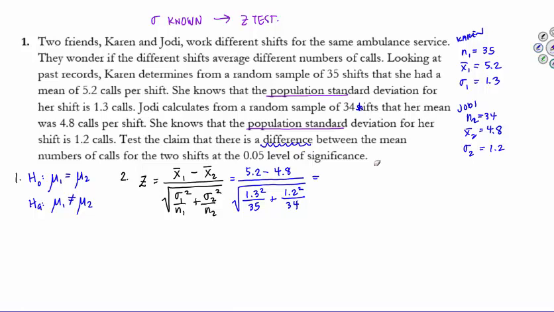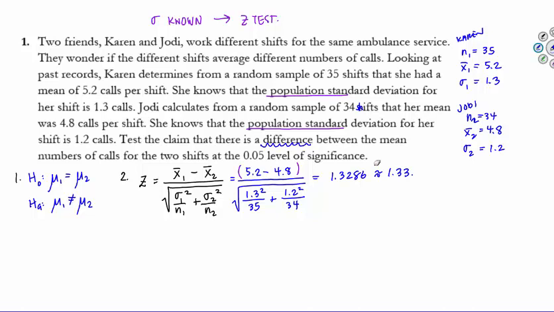Remember some good old parentheses in the numerator to make sure we find that difference and then make the division. The denominator can be very straightforward. Just type it in as it shows up. You'll get a z-score of 1.3286, or about 1.33.